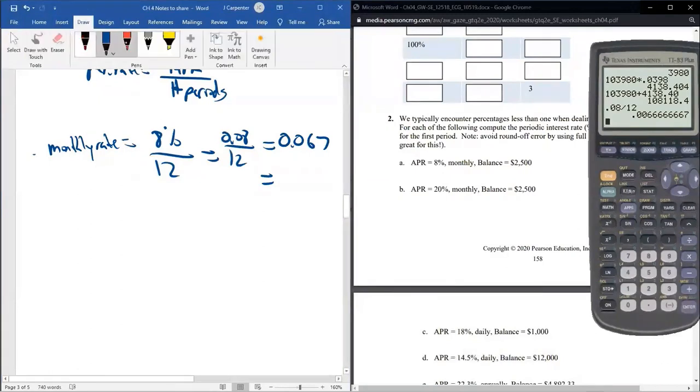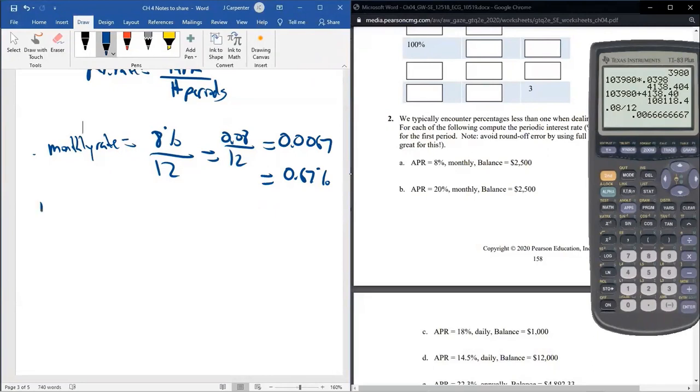Yes, I am. That was 0.0067. So when you move the decimal right twice to convert it to a percent, you get 0.67%. So an annual rate of 8%, so paying down a loan 8% over a year is very similar to paying 0.67% every month. So there's our monthly rate.